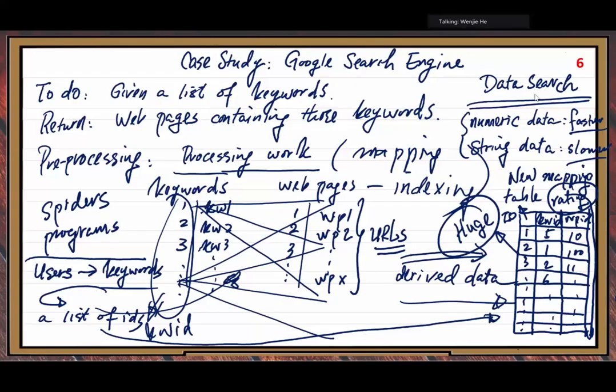So it is a list of lists. Then you get the mapping information to speed up your operations.